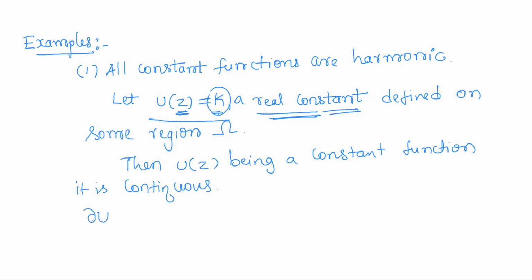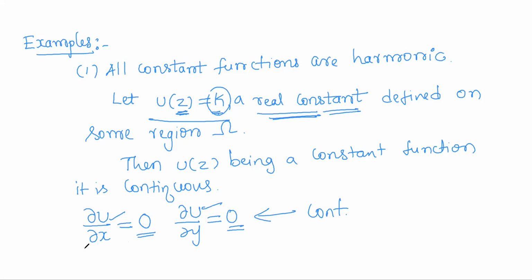The first order partial derivatives: as u is a constant function, its partial differentiation with respect to x is 0, and ∂u/∂y is 0. So the first order partial derivatives are equal to 0. That means they are once again constant, and constant functions are continuous. So the first order partial derivatives of u are continuous. What about the second orders? They are also 0: ∂²u/∂x², ∂²u/∂y², and the mixed derivatives.